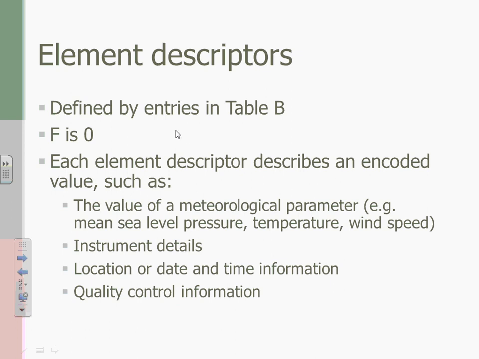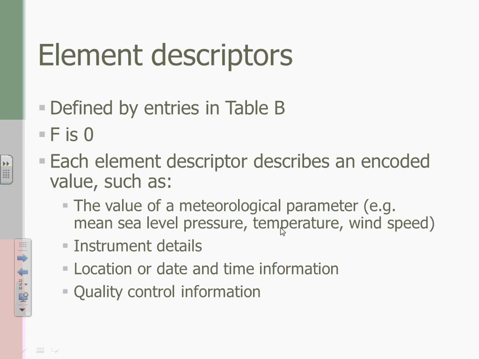These are the most important ones, defined by entries in table B. And element descriptors always have F equal to 0. So table B descriptors always start with 0, followed by a 2-digit and a 3-digit number.